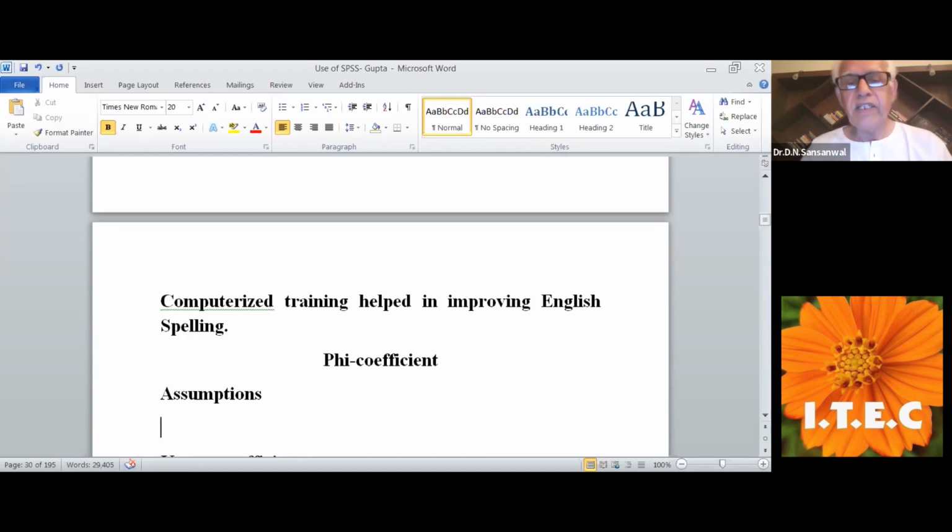And if there is nothing, then I am going to the phi coefficient.